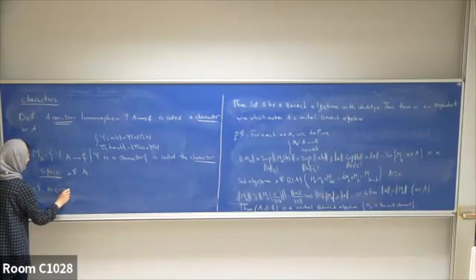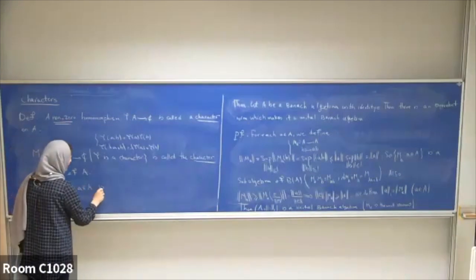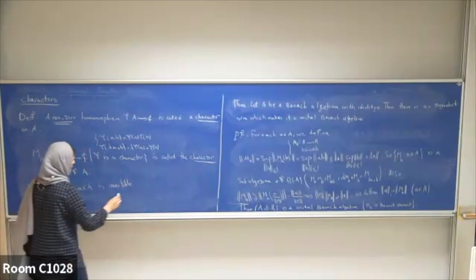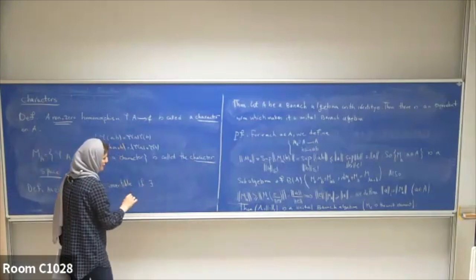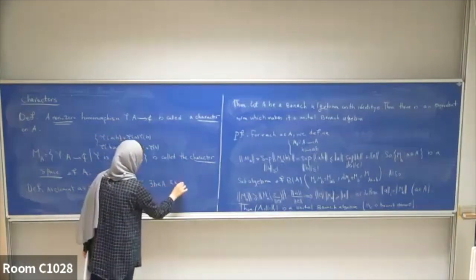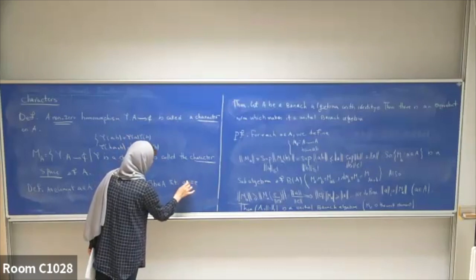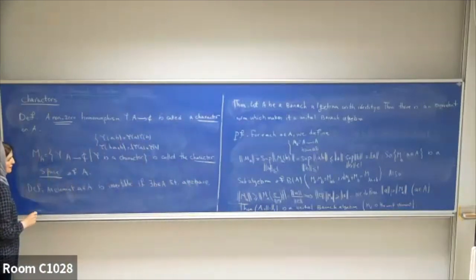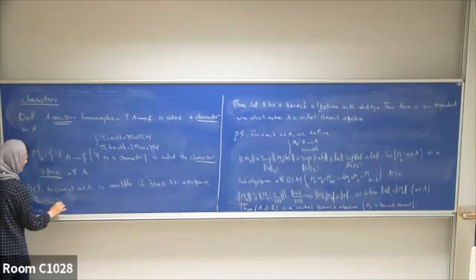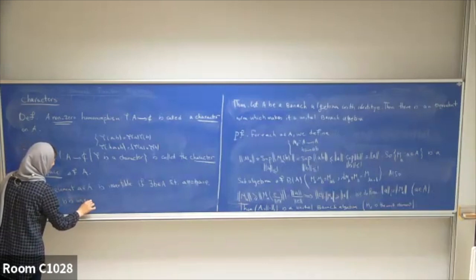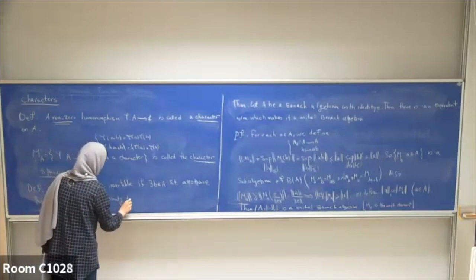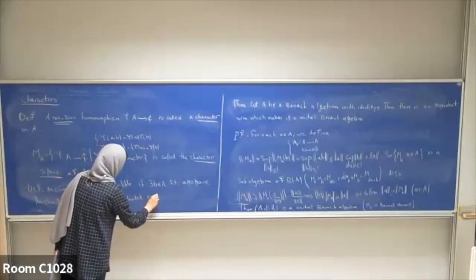An element A in A is invertible if there exists an element B in A such that A times B is equal to B times A is equal to E. This element B is unique, if we have it, and usually is denoted by A inverse.